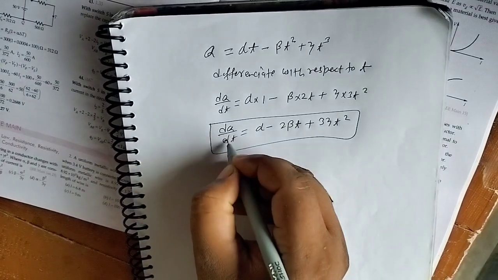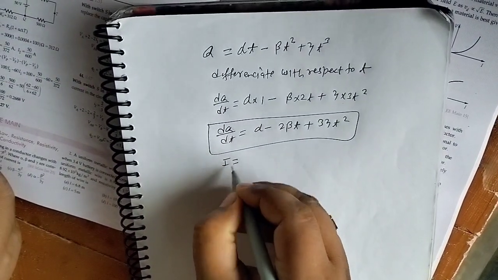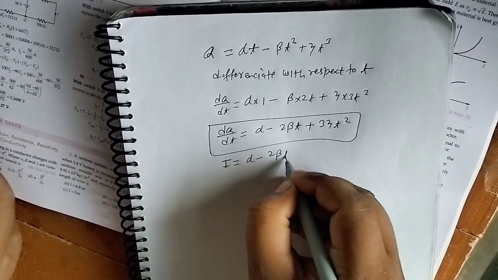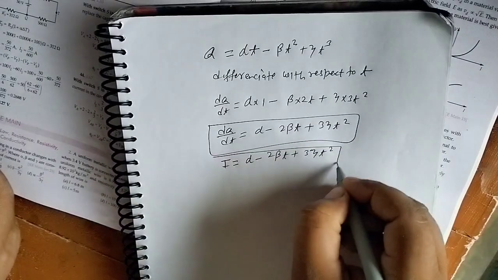Here dq by dt is also said to be the flow of current in the conductor, so I equals alpha minus 2 beta t plus 3 gamma t square.